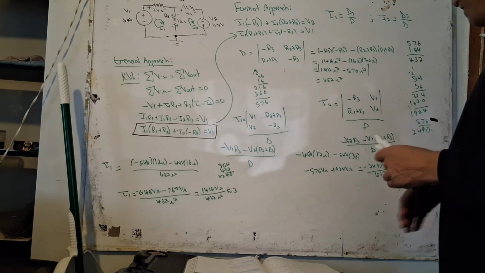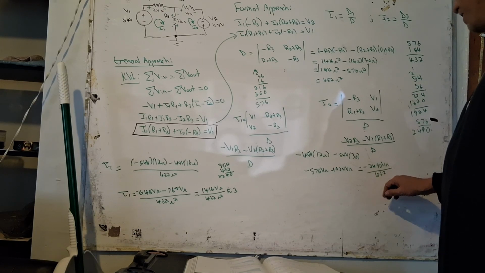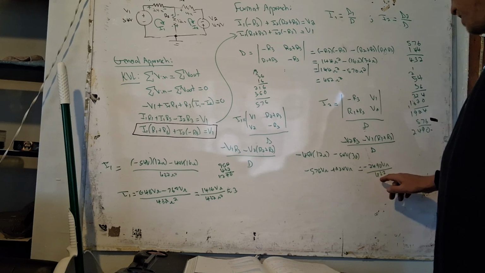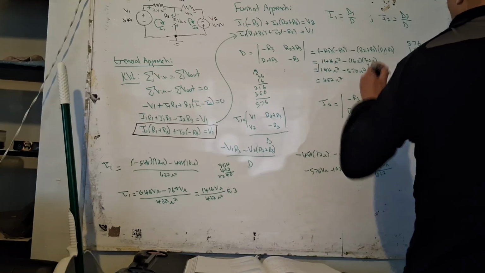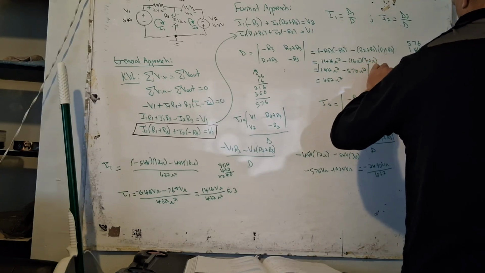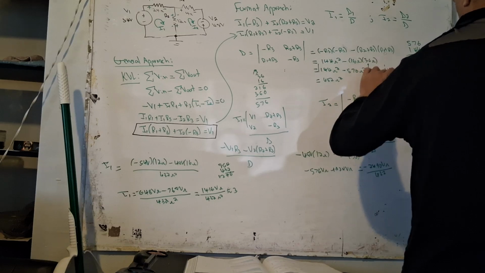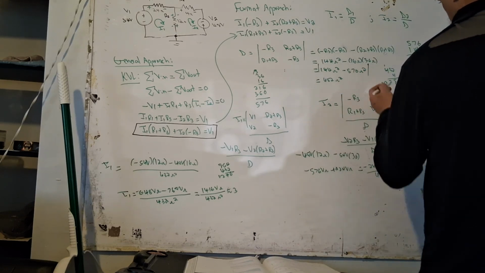Now, if I multiply this by 5, I get 2,000. That's too much. Times 4. 432 times 4. And then add another 400.